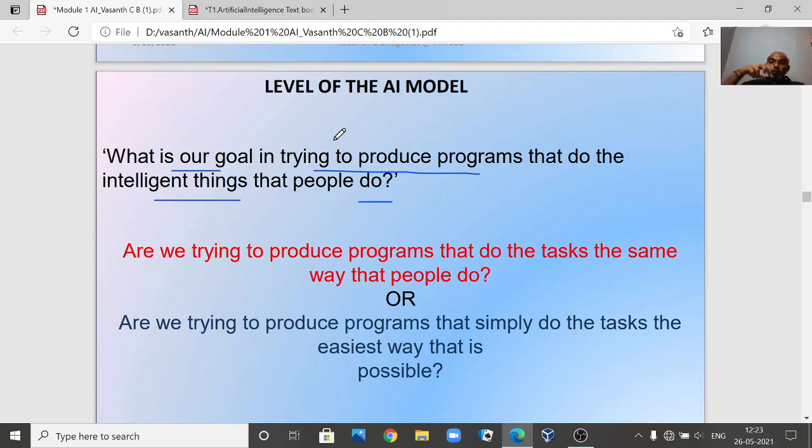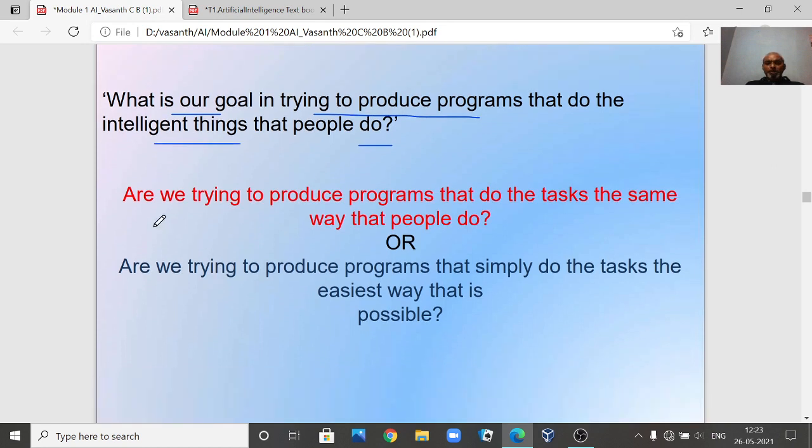So when you want to model a particular AI system, to what level do you want to model it? Two things come into our picture here. First, are we trying to produce programs or systems that do the task the same way that people do it?